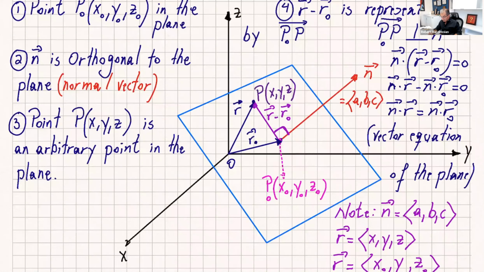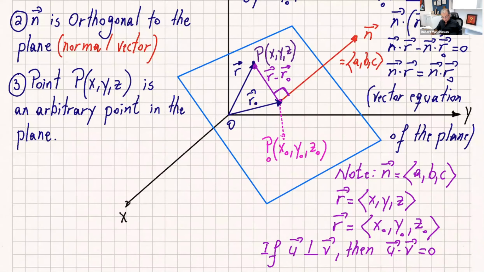A couple of things I want you to notice before I go to the next page. The components of vector n are A, B, C. The components of r are x, y, z. And the components of r naught are x naught, y naught, and z naught.